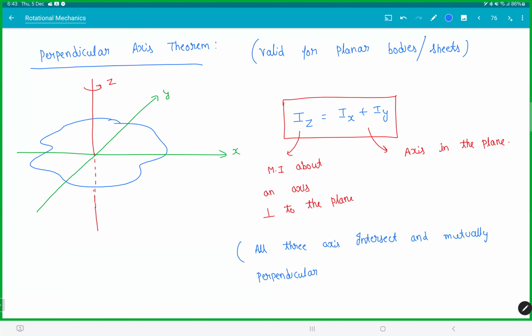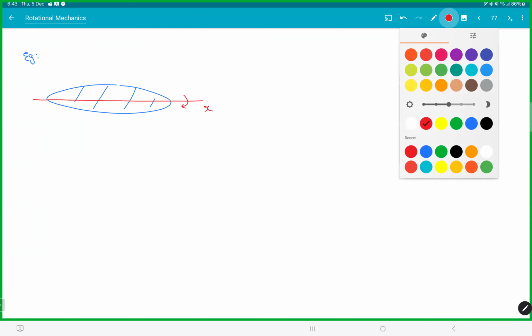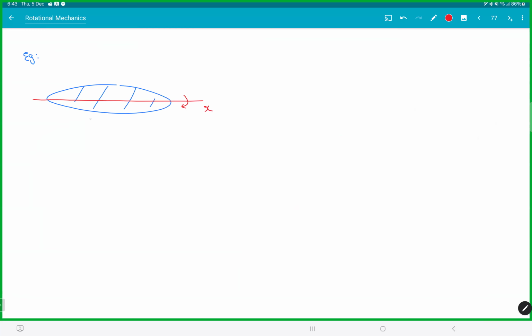Let's say, for example, we have a disk. You want to find the moment of inertia about the diameter, right? So this is what we do. Now, if I take one more line here, y.